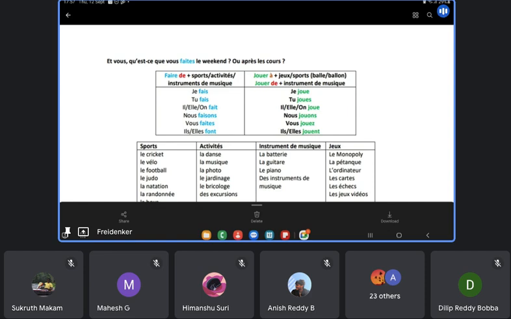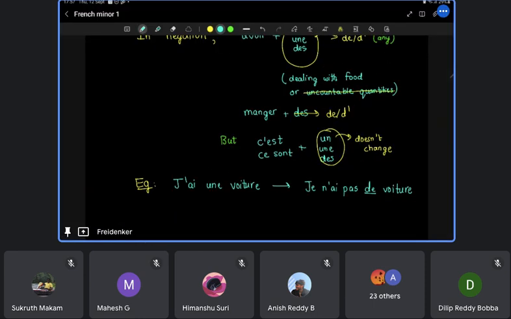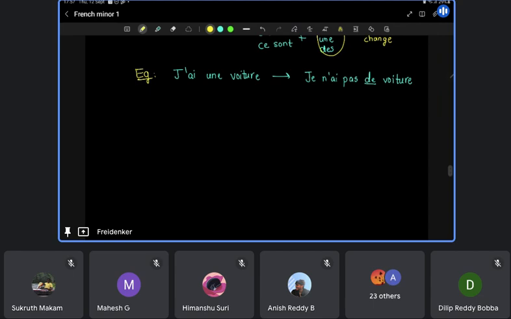The first thing is you have two new verbs here. One is faire. You have two new irregular verbs, so you'll have to remember them. We have faire. We have jouer. Jouer is not irregular. Jouer is very much regular. Jouer is an er verb, so you can conjugate it.